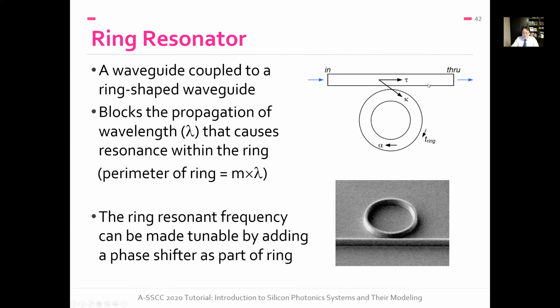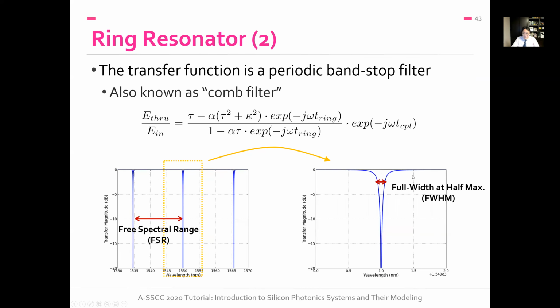So there is a coefficient to describe how much is propagating through, how much is being coupled onto the other side. And there's an additional parameter describing the propagation delay around the loop, which I'm going to call T ring. And this alpha, which describes the loss of this ring when the wave propagates around it. Okay, and this Q factor, which determines the full width at half maximum, as well as the free spectral range, they are functions of these parameters.